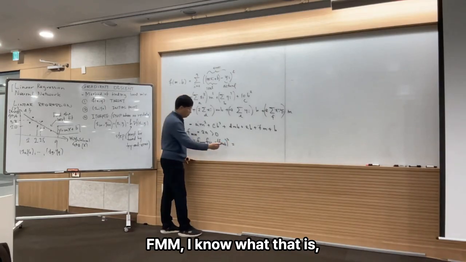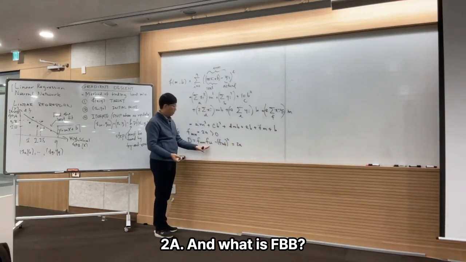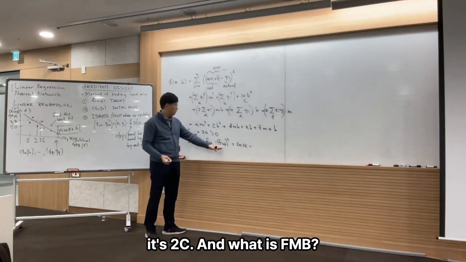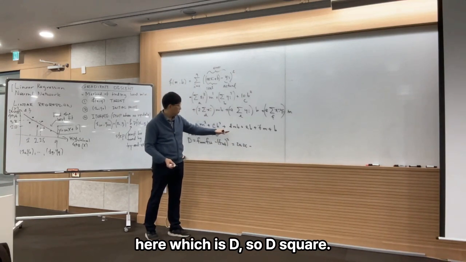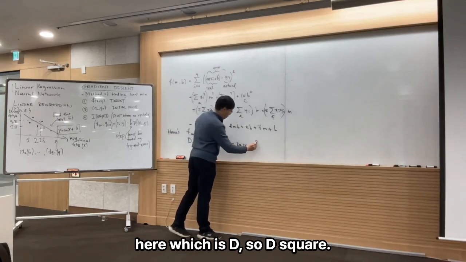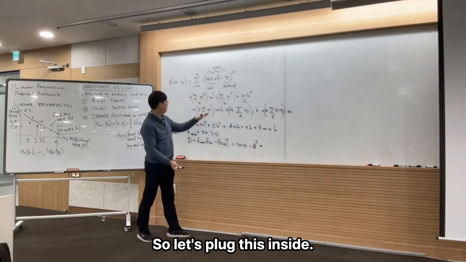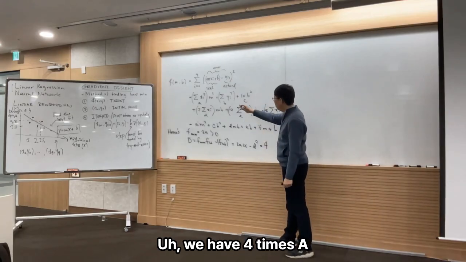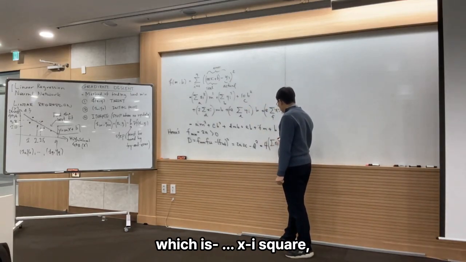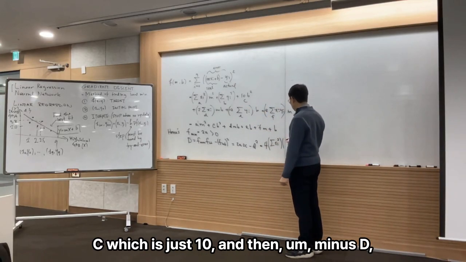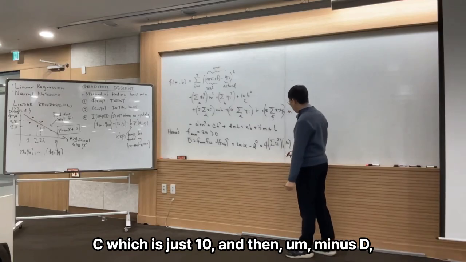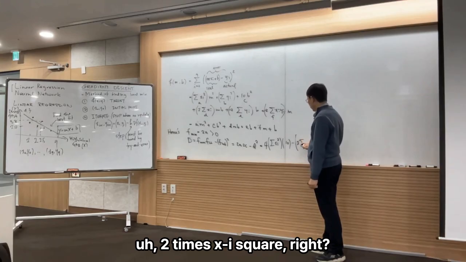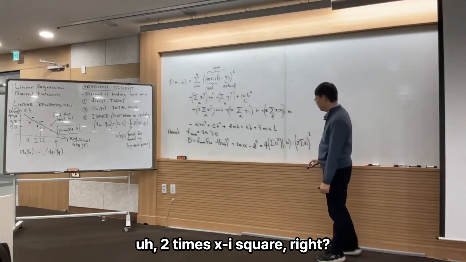Fmm, I know what that is, 2a. And what is fbb? We have to go for b squared. It's 2c. And what is fmb? There's only one fmb here, which is d. So d squared. So let's plug this inside. We have 4 times a, which is the sum of xi squared, c, which is just 10, and then minus d squared, 2 times the sum of xi, squared.